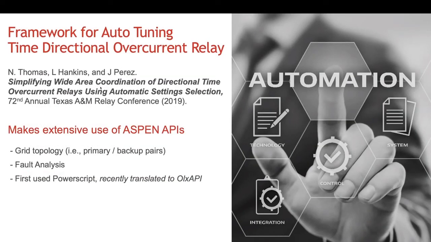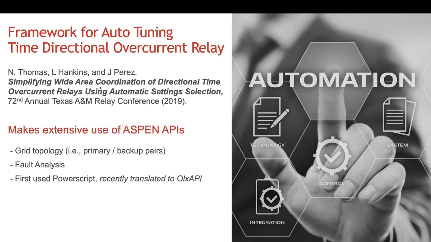So I'm going to transition into the main focus of the presentation, which is a framework for auto-tuning time directional overcurrent relays. This was a paper that we published last year at the Texas A&M Relay Conference, and it makes extensive use of the ASPEN APIs. We extract grid topology and primary and backup pairs, and Sarah can either use the primary and backup pairs as defined in ASPEN, or automatically detect those for you.